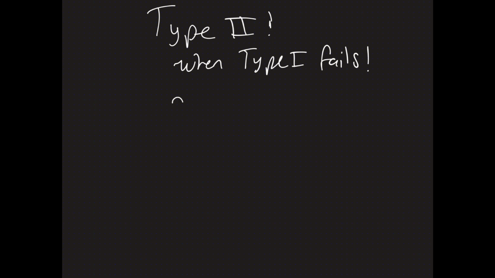Here's an example: 2 to the 3x, which I'll keep the same as before, but instead of 16, maybe I write 15. This is not a power of 2. 15 is 5 times 3, its prime decomposition, which is not a power of 2. What do I do here? Type 1 fails, so here is what type 2 is.